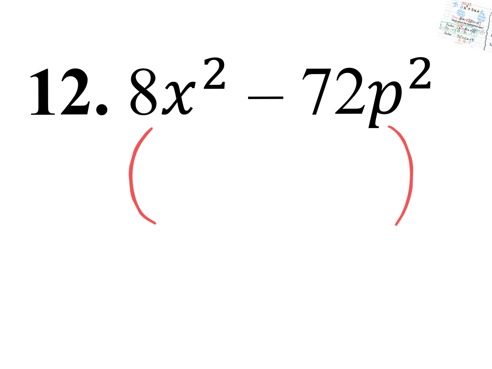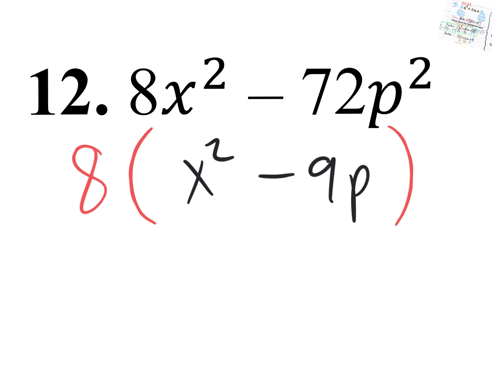So we could pull out an actual 8, right? You could pull out an 8 from the first one because 8 times 1 gets you back to 8, and 8 times 9 gets you back to 72. So if we do pull out an 8, we will have x squared left over right there. 8 times x squared gets you back to 8x squared. 8 times what gets you back to negative 72p squared? Well, that would be a negative 9p squared.